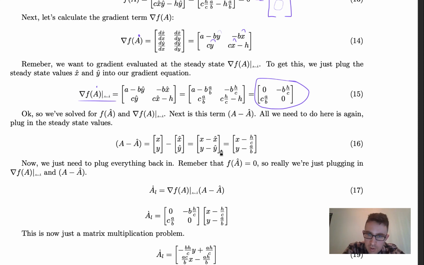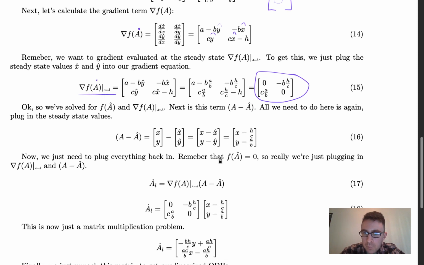And then lastly, we just plug in, again, our x hat and y hat values here. So this becomes x minus hc, and then y minus ab. Again, just plugging in hc for x hat, and then ab for y hat.